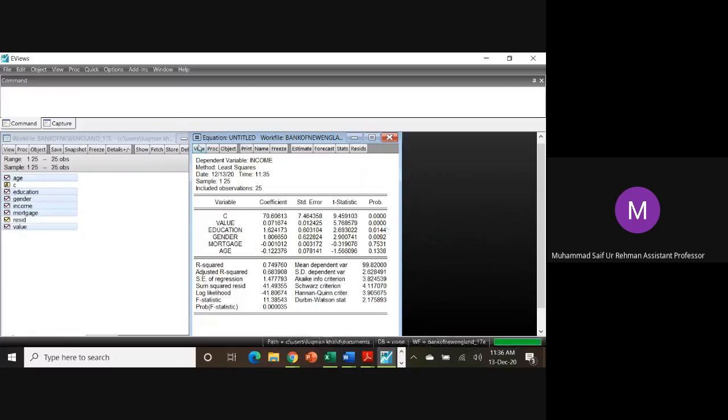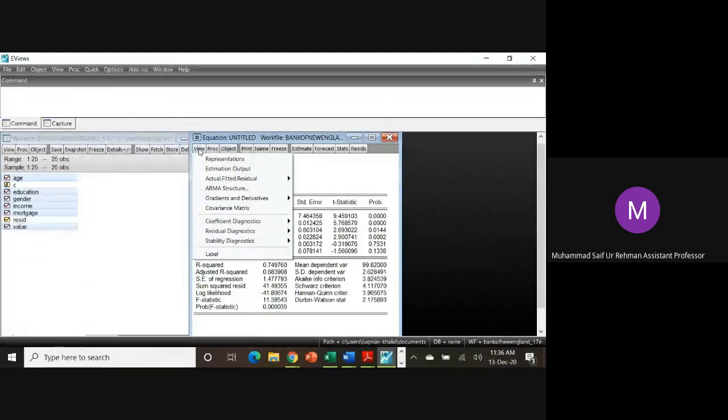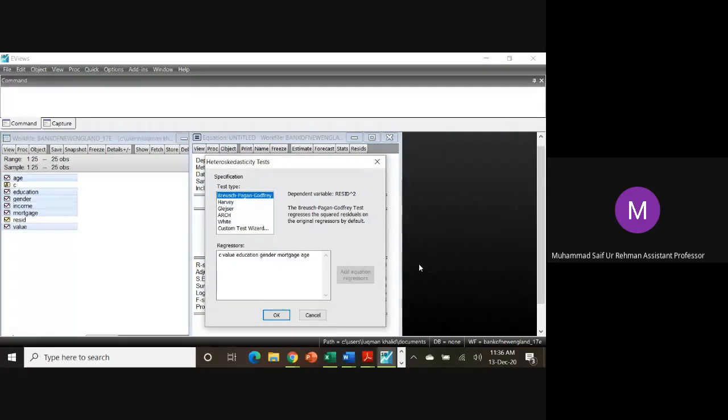And if you are interested in finding out whether there is an issue of heteroscedasticity, then you have to press View, Residual Diagnostics, and Heteroscedasticity Tests. So here are the tests that I am going to discuss. Breusch-Pagan, whose equation I wrote in the Word file first.